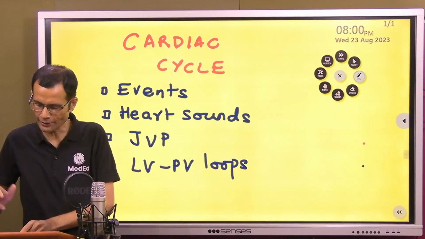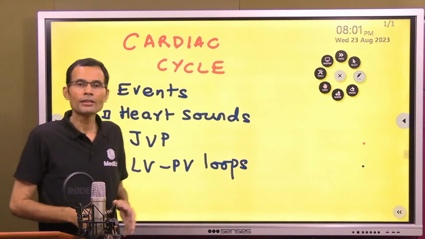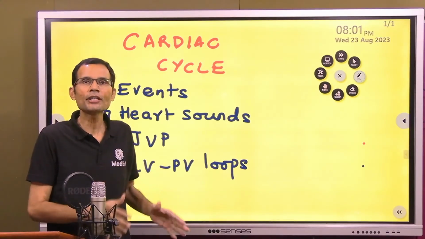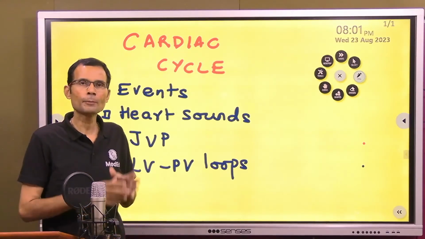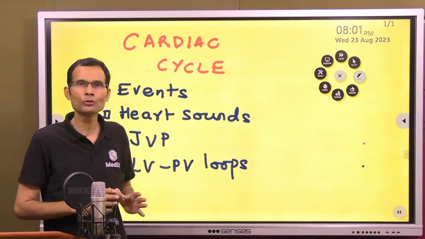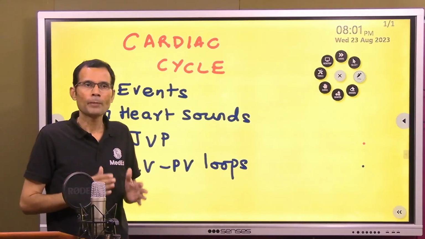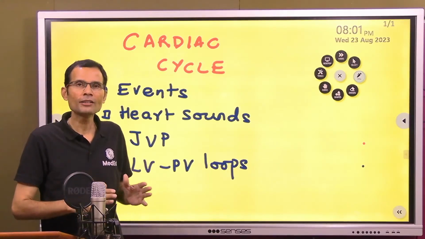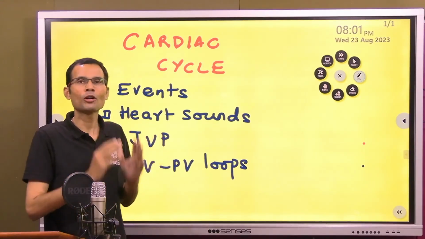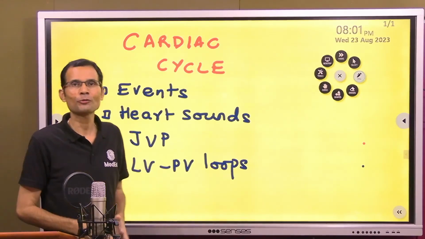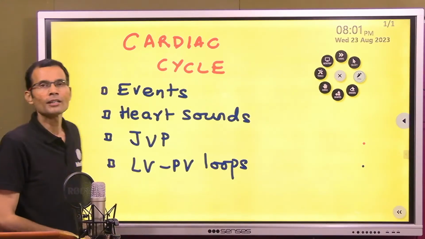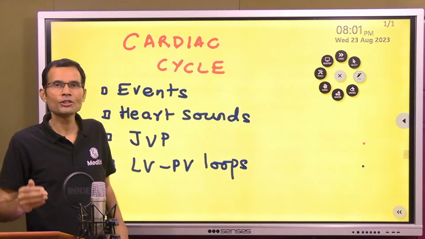And the other reason is that this is a high yield topic, meaning there is a possibility of multiple MCQs from this topic. So have this topic at your fingertips, and then you are confident enough to answer lots of questions. So let's have a quick revision of this topic.